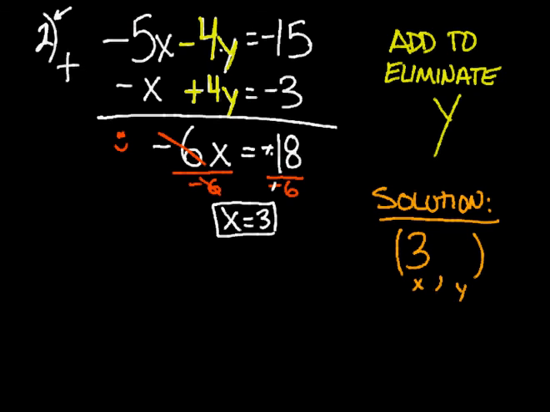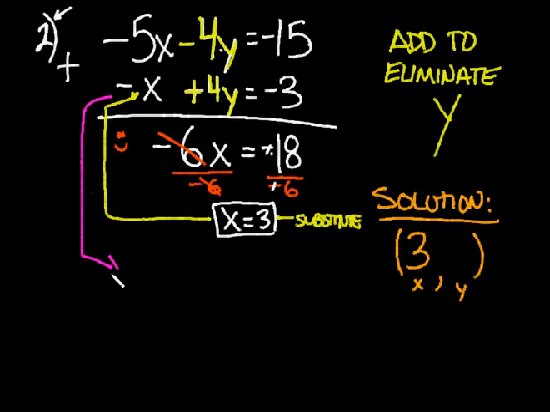You take your answer and substitute. You can pick any equation you want. I'm going to pick the bottom one because it looks slightly easier. So if I substitute in there, what does it turn into? All right, so negative x.